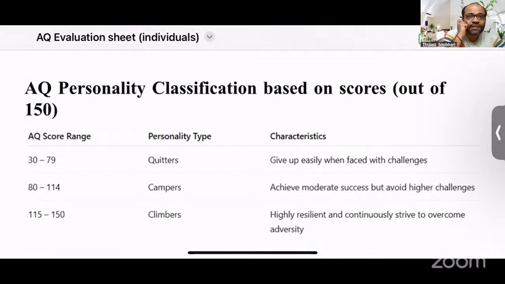Quitters are those people who say, "Oh my God, I'm not ready to take up the risk. Oh my God, I'm not ready to change myself. I cannot persist in this." They always try to resist and step back because they need some motivation. It might be genetic, they might be like that.